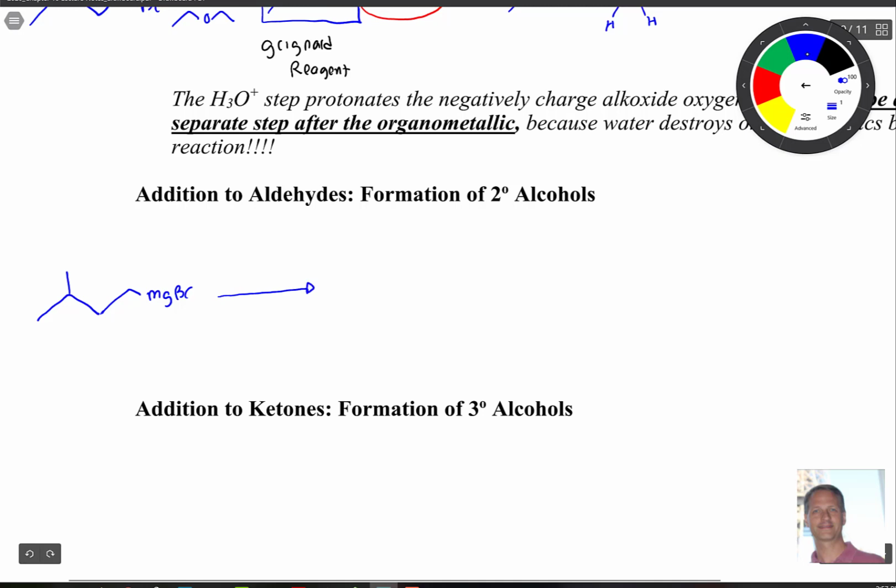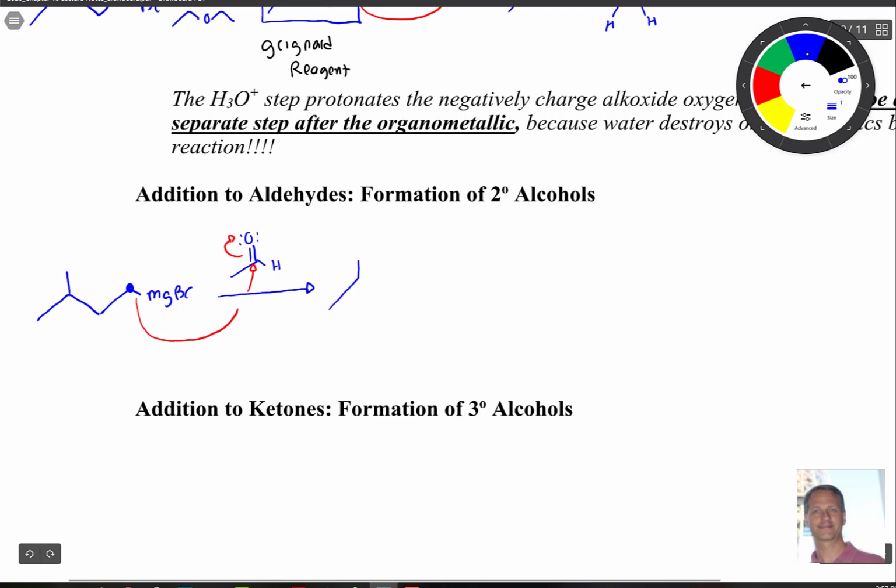To that, let's add this molecule. This molecule's name is acetaldehyde. When this reacts, it's that carbon that has that negative charge. When we think of them as being separated, we're going to come around and do this.